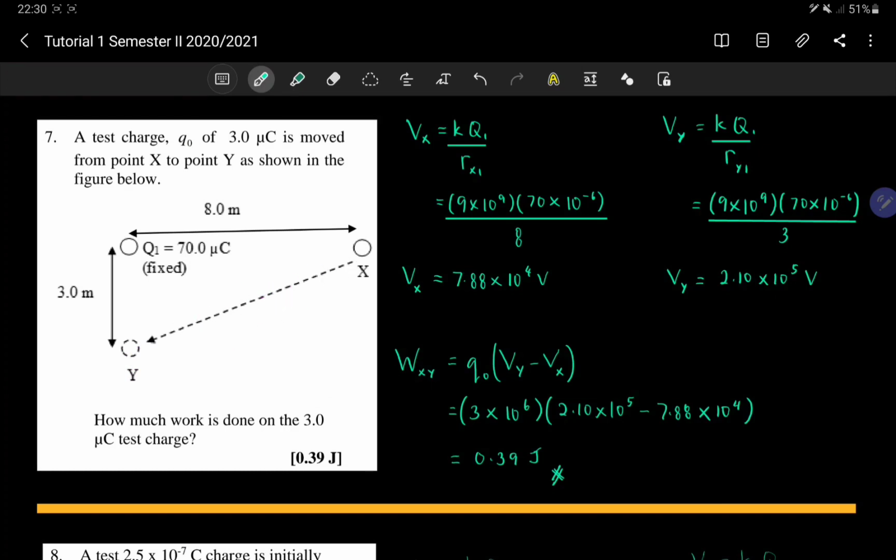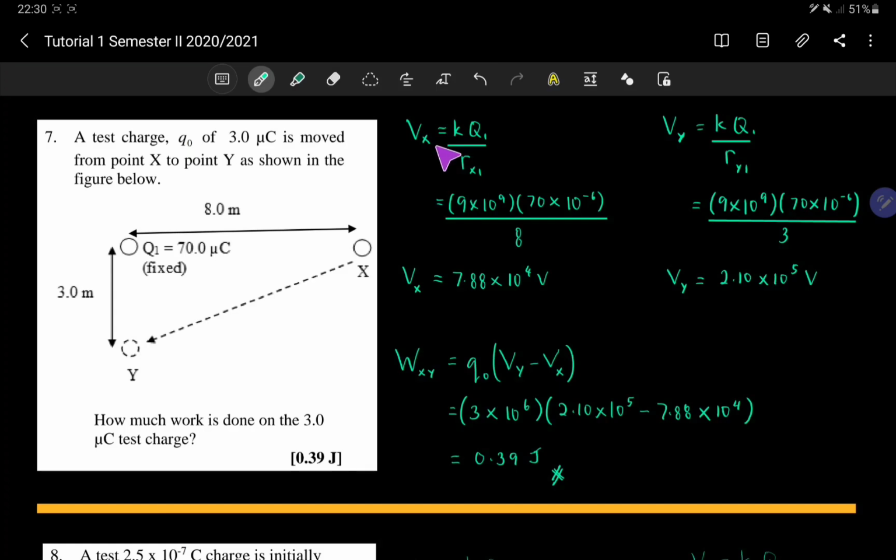Alright, so basically we need to first calculate the potential exerted on X and also on Y by Q1, the isolated charge. So V on X by Q1 equals K Q1 over R X1.